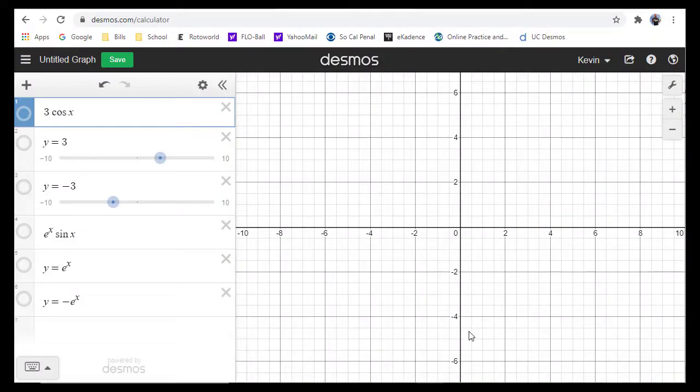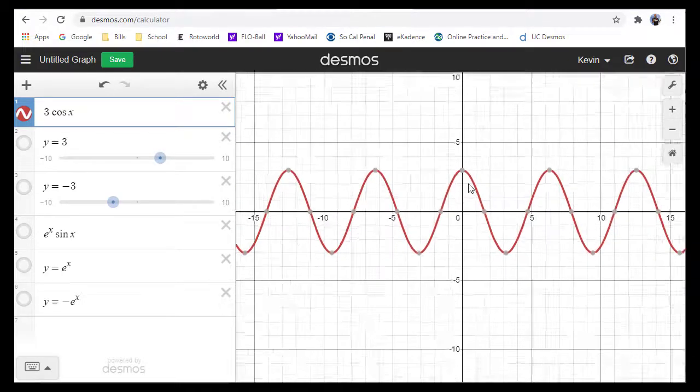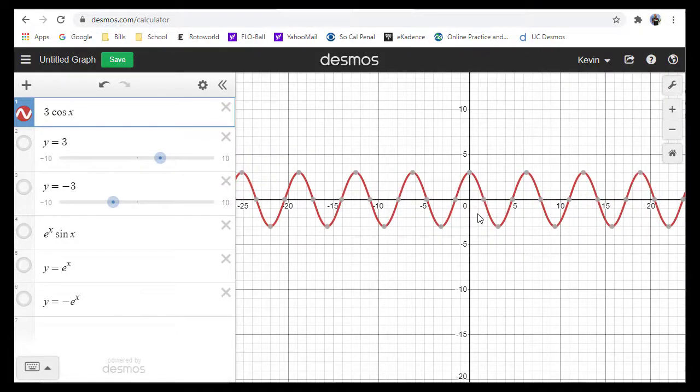All right, so here we are in Desmos. I pre-typed in all the equations that we're going to need, and I'll just light them up one at a time. So here is 3 cosine x. I'll zoom out a little bit, but you can see it's that oscillating function that just repeats up, down, up, down, up, down.